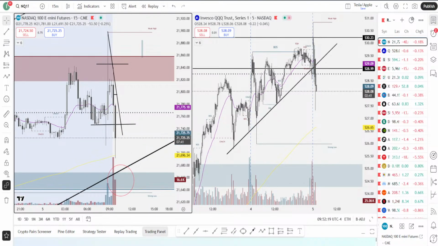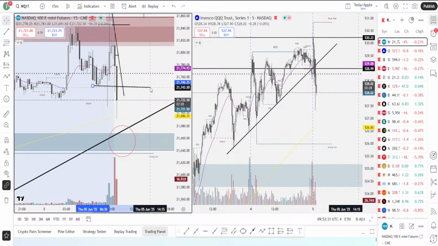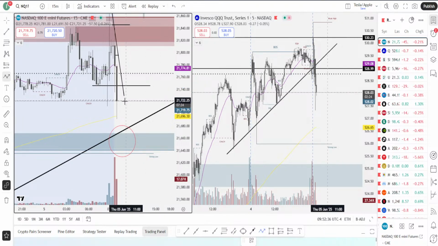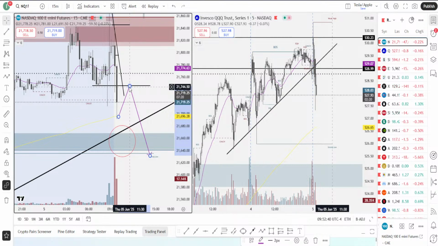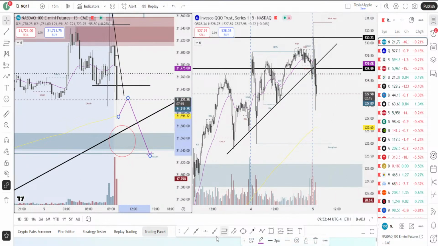Here comes the next push. Let's see. We broke support. We broke the overnight support. Hoping to see if this pulls back. That's okay, but I want to see price hold below the support here. Or perhaps this one right here.